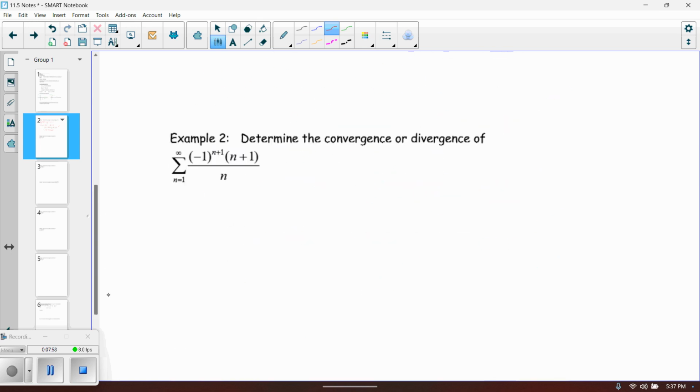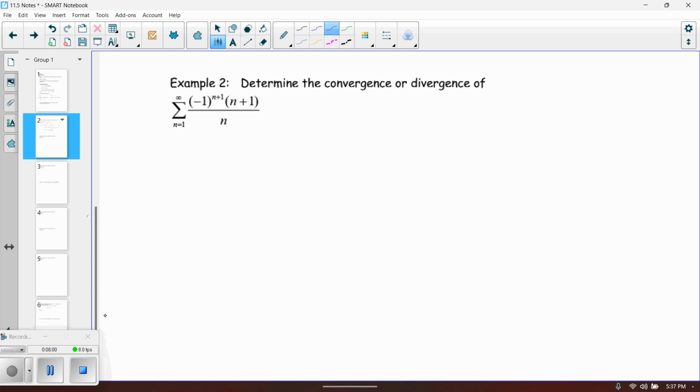All right. Second example. Determine the convergence or divergence of, again, you can see that you've got the sum of an alternating series, so it's -1 to the n plus 1, and then we've got n plus 1 over n.